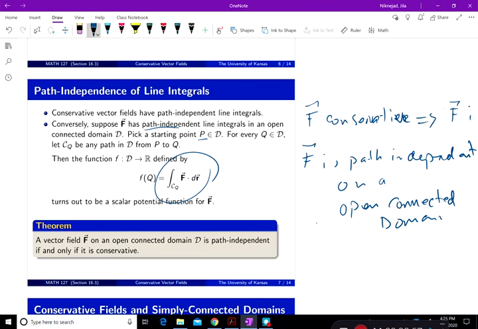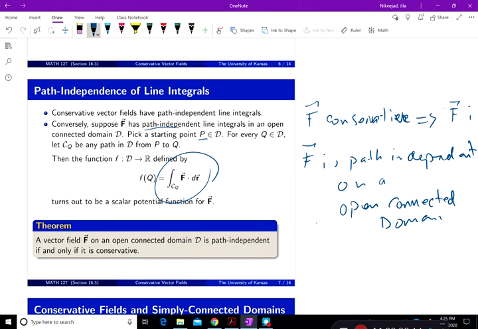It's just going to make a difference in a constant. And then the potential function is going to be that line integral from P to whatever point you're evaluating the potential function at. And that's the beauty of it, basically.